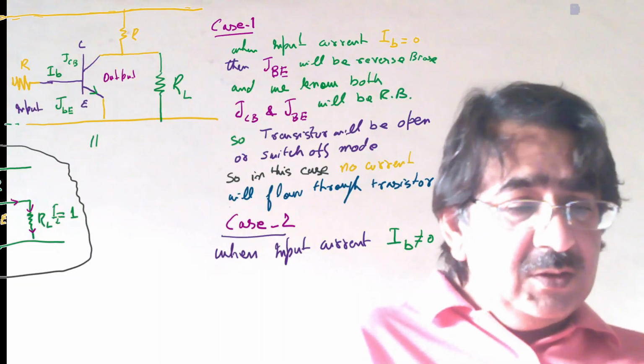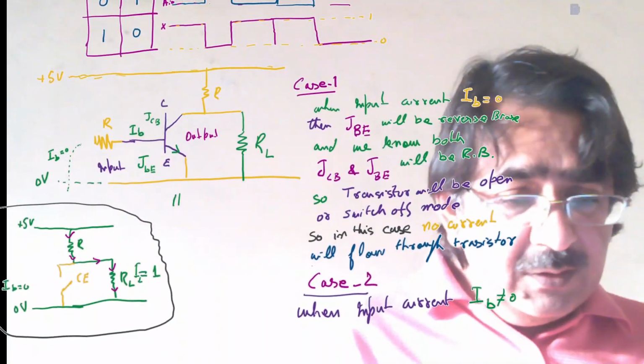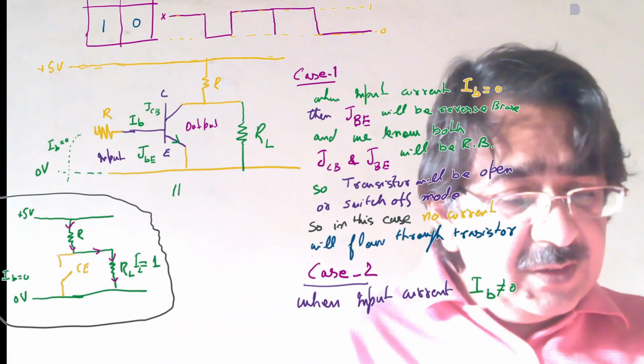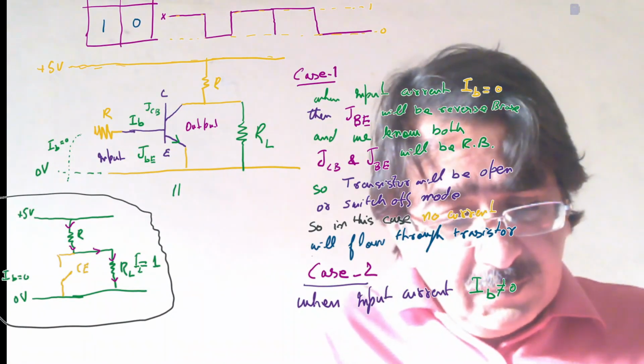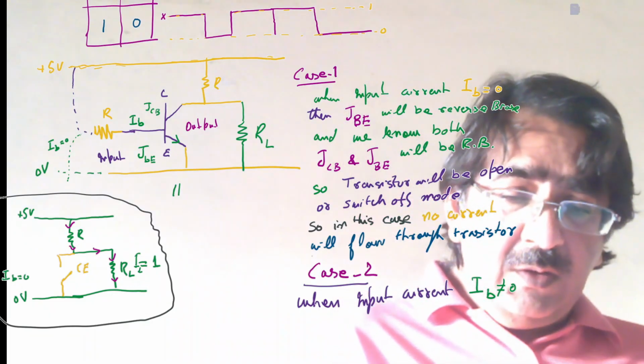When IB is not 0, and when we connect the base with the 5 volt.